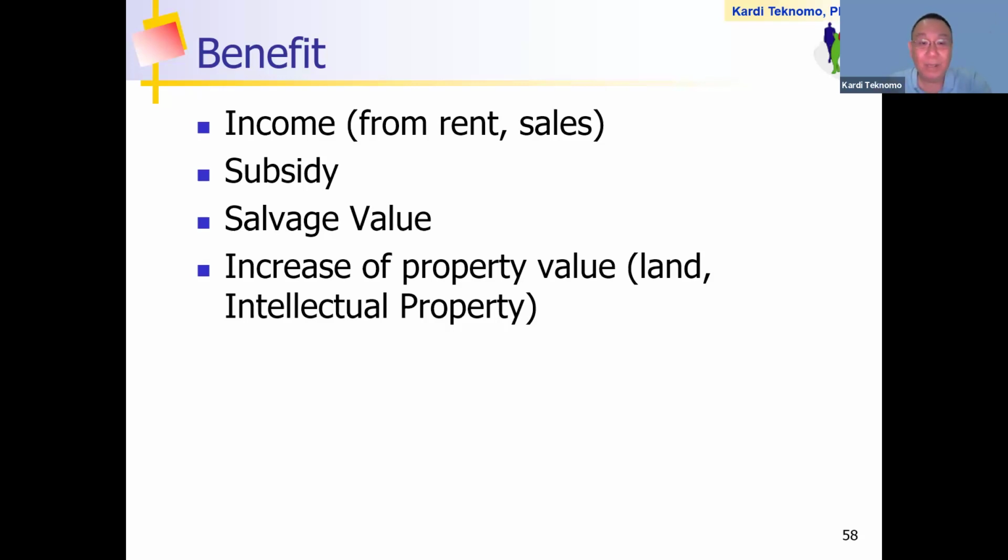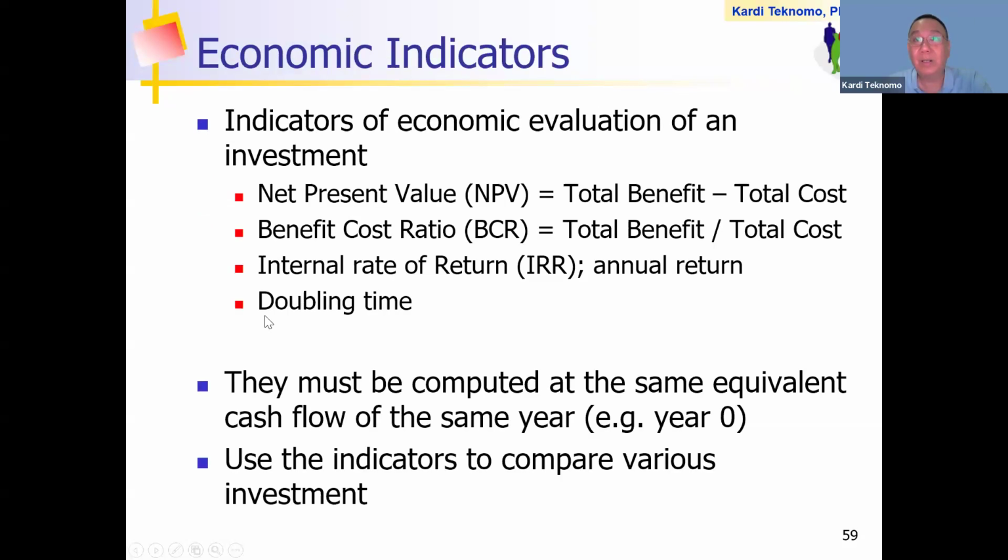And then with that, you can start to evaluate your project. These are the several indicators that we usually use in economic evaluation of an investment. One is called NPV, or net present value. The formula is simple. You compute all the benefits, and then you compute all the costs, and then you take the minus.